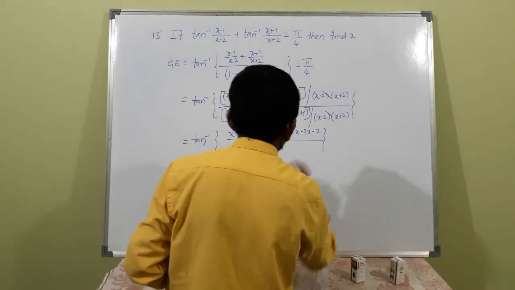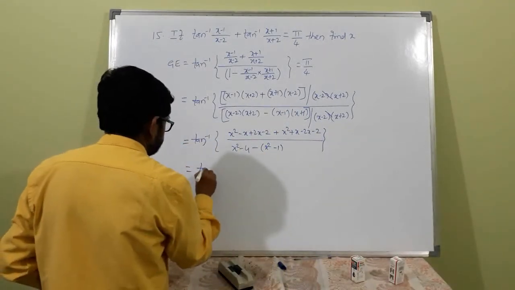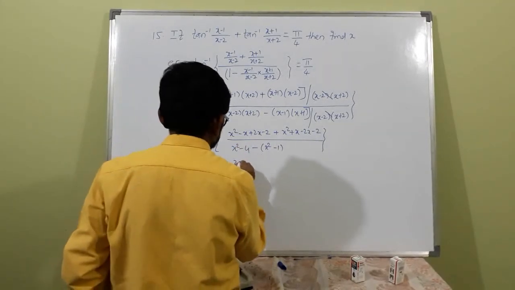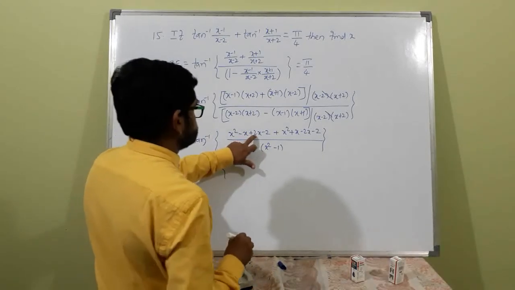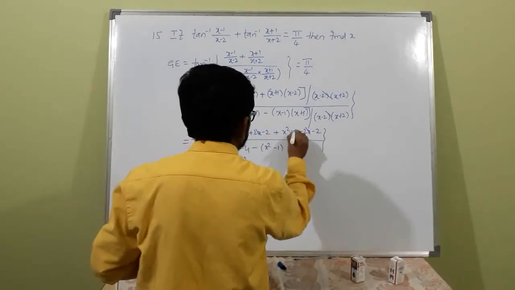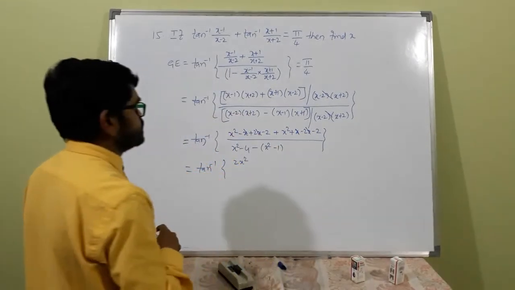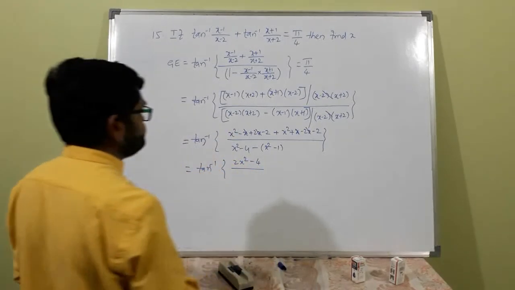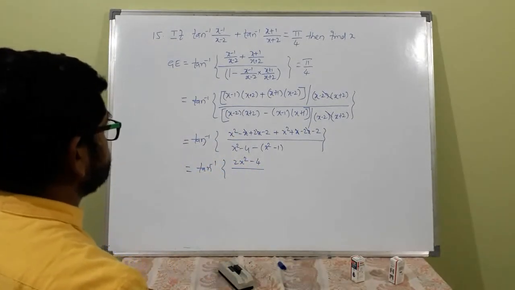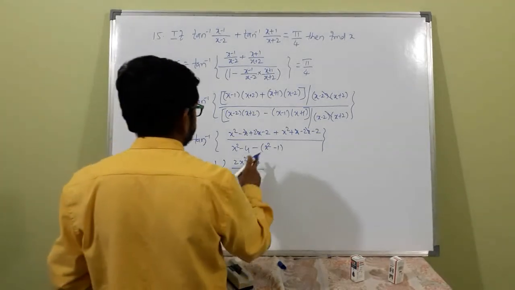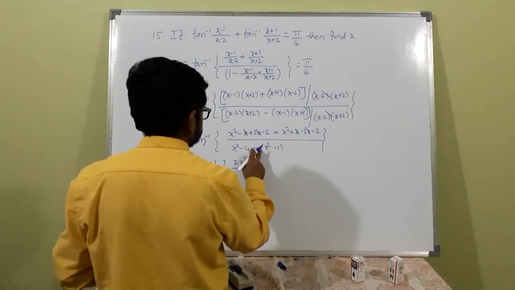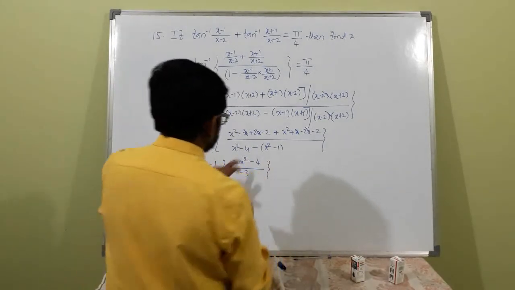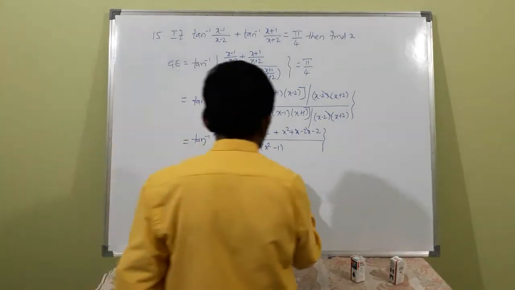Okay, this is tan inverse of 2x squared, 2x minus this get cancelled, x get cancelled, isn't it, minus 4, divided by 2x squared minus 4, divided by x squared get cancelled, this will be minus 3, isn't it, minus 4 plus 1.